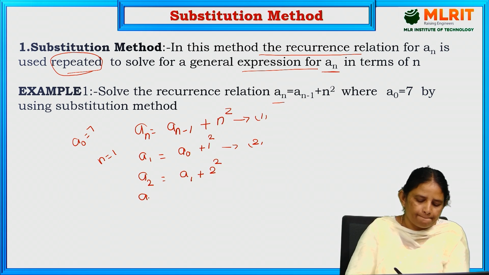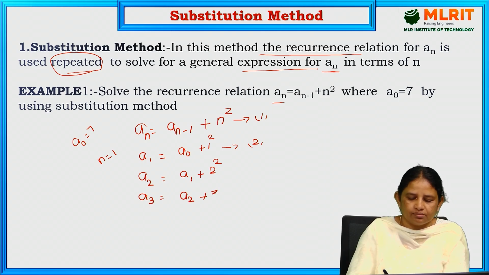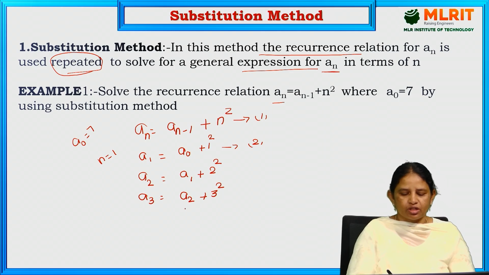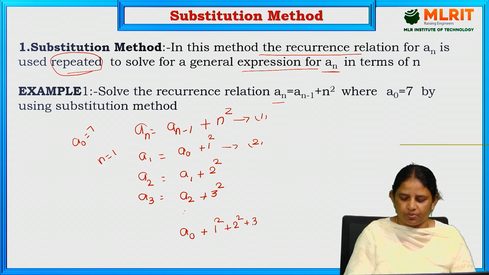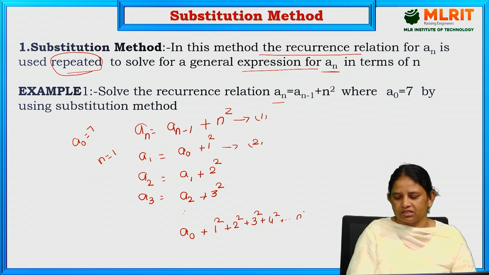A3 is a2 plus 3 square. Then substitute this into the formula for the nth term. Then we get a naught plus 1 square plus 2 square plus 3 square plus 4 square and so on up to n square.